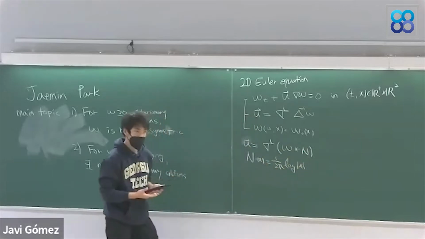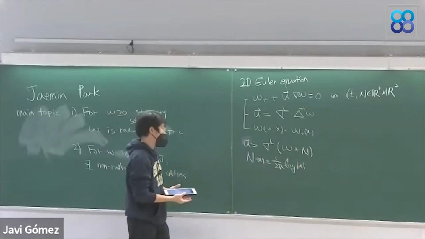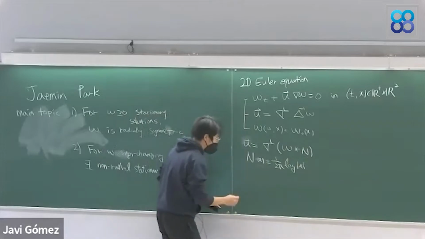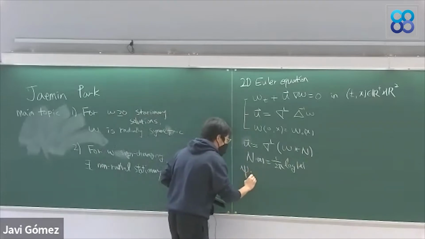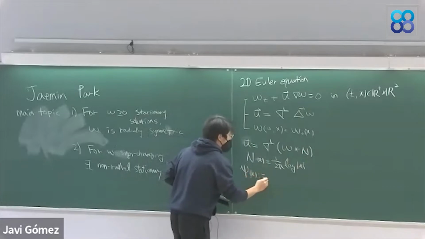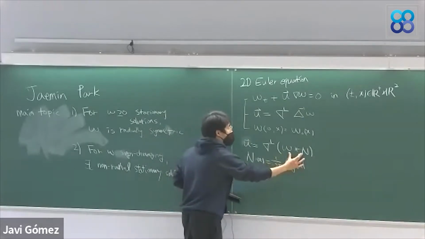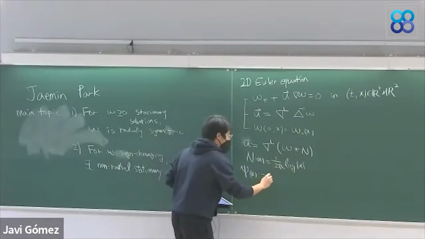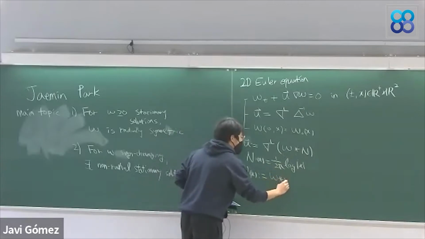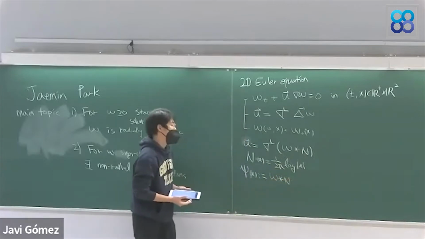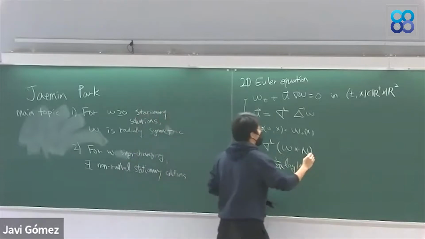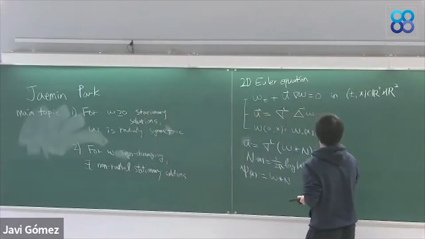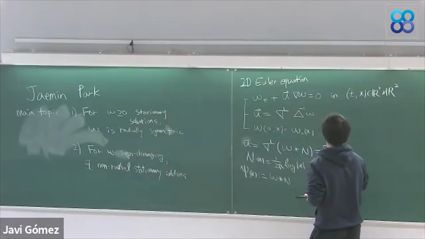Okay? And then I'm going to use the notation psi to indicate the convolution term. So the vector field is just the gradient curve of psi.